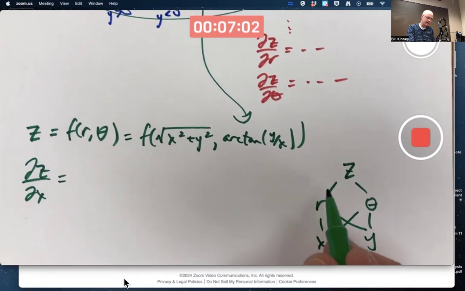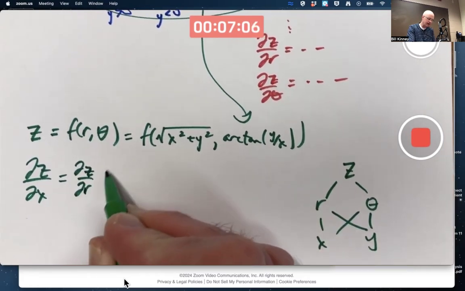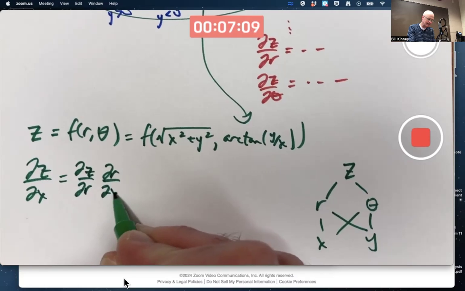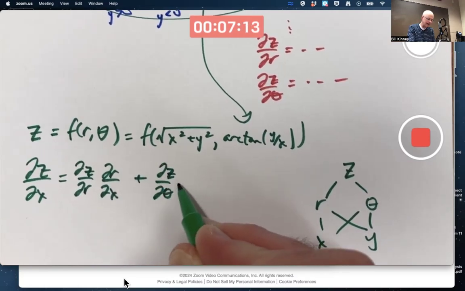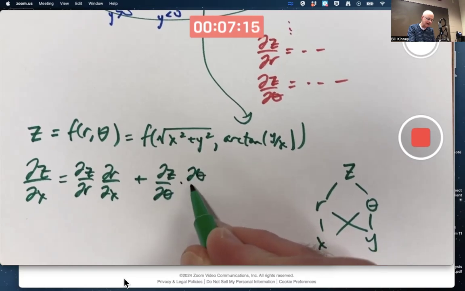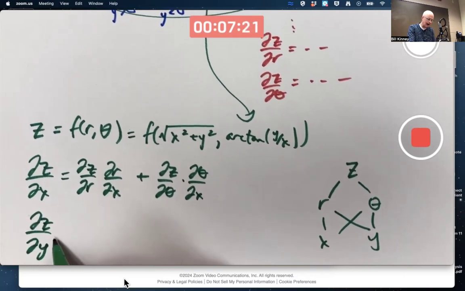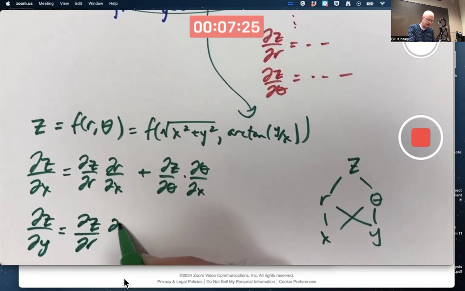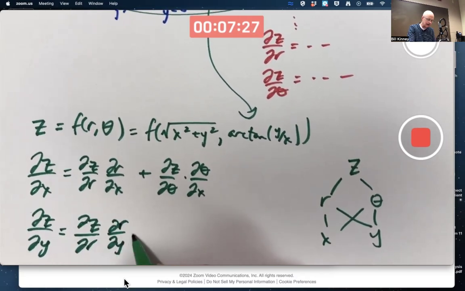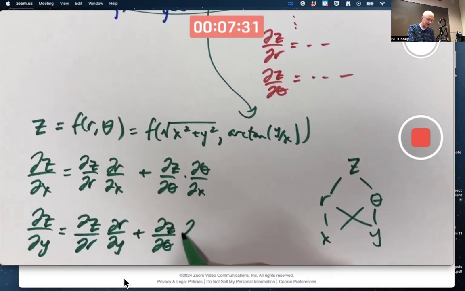So you take the partial of z with respect to r, multiply it by the partial of r with respect to x, add the partial of z with respect to theta, and multiply that times the partial of theta with respect to x. And then with respect to y, you could do something similar, except replace the x's with y's in both spots.